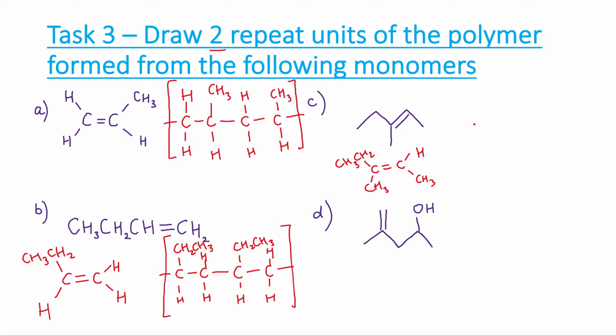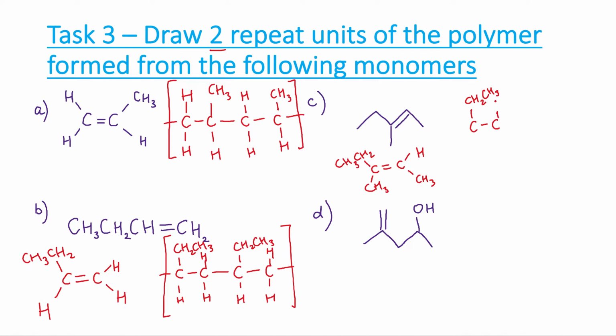So again, to draw the repeat unit for this, the 2 carbons in the middle lose their double bond and the groups are attached in exactly the same way. So this carbon here was attached to a methyl and an ethyl, so it still needs to be attached to an ethyl and a methyl.